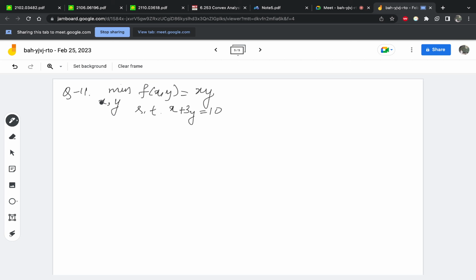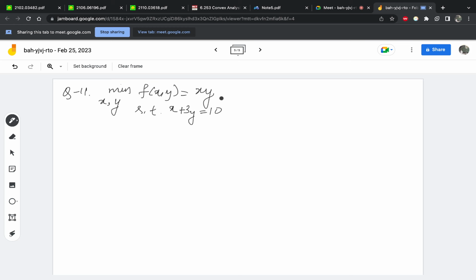Can you simplify the problem? I don't want to solve in two variables. Yeah, it can be written, right? You can just substitute one variable for the other from the constraint. And why can I do that? It's a line, so the implicit function theorem is easily applicable.